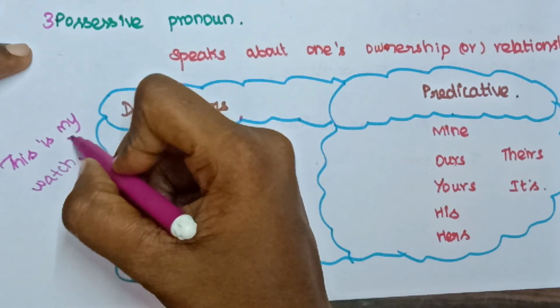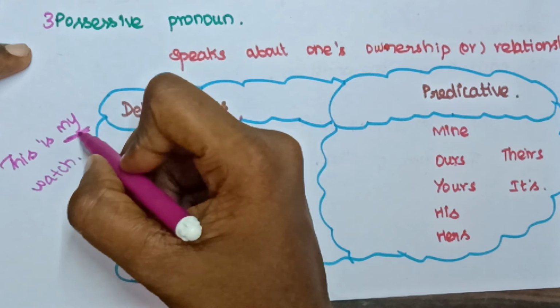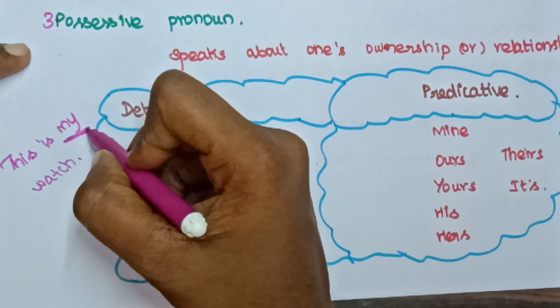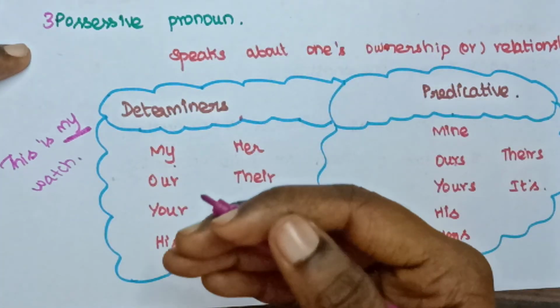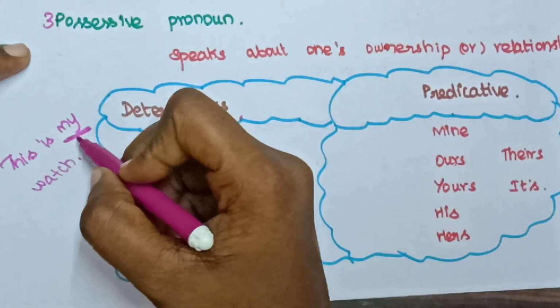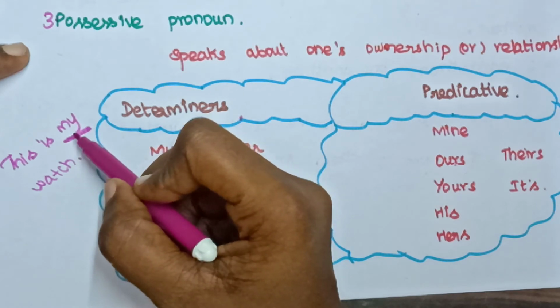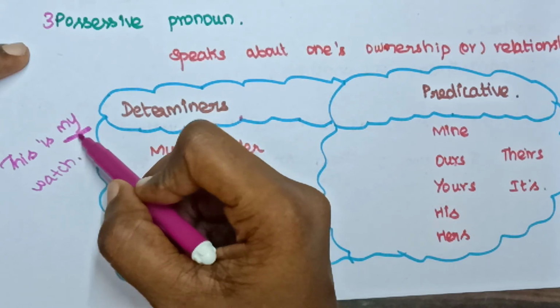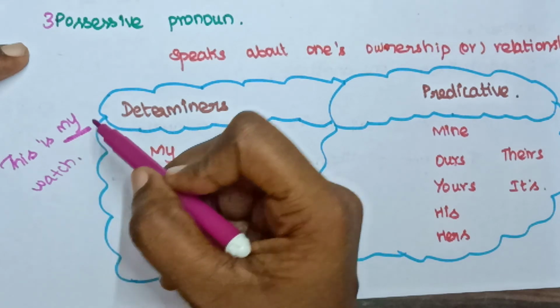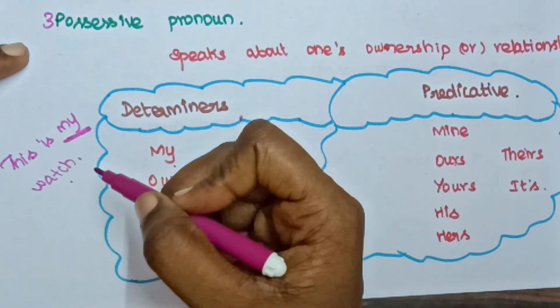My is a pronoun here. This is my watch. It is a determiner. So here what we can say is that a determiner will always be followed by a noun.